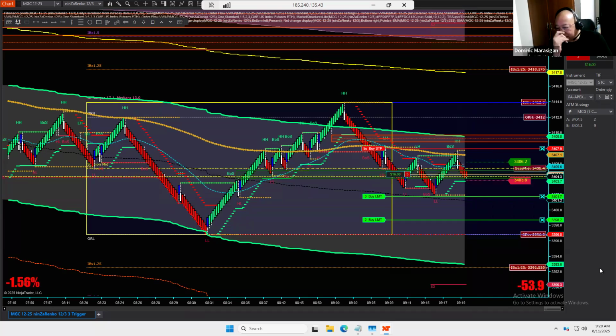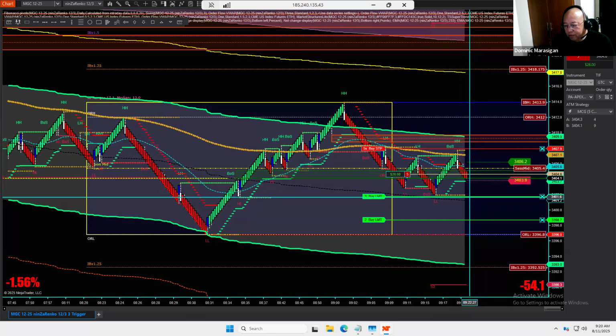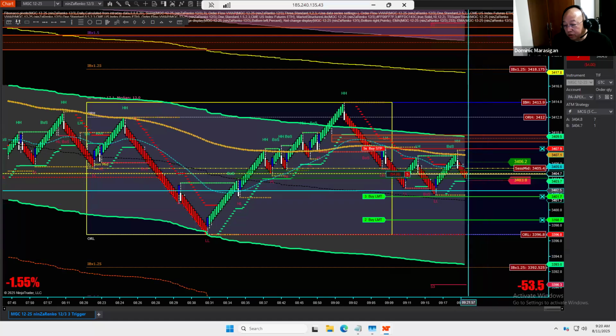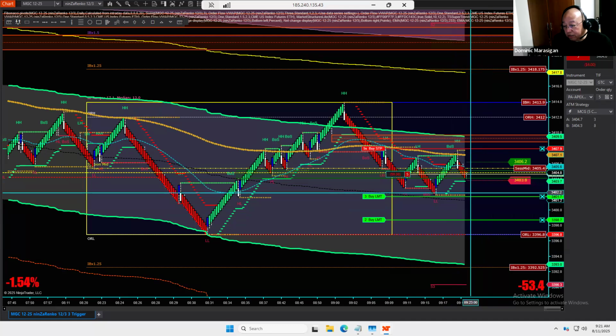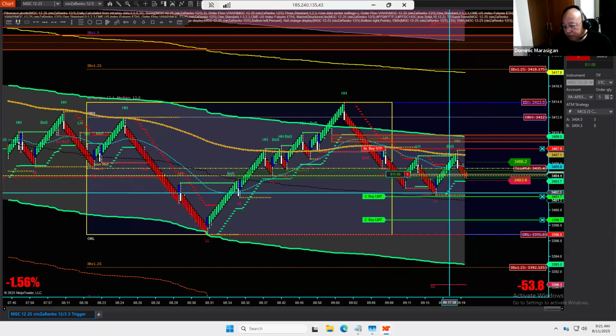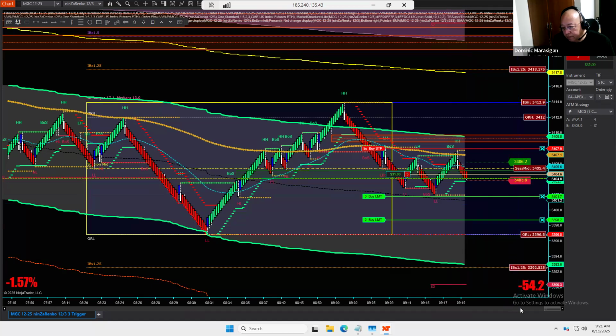We did break the structure, but now we're going down. Now we want to see it break this super trend. Also, we want to see it break this swing low here. Either you can have your target there or maybe just above it, because it may create what we call a double bottom. Let's see what happens here.